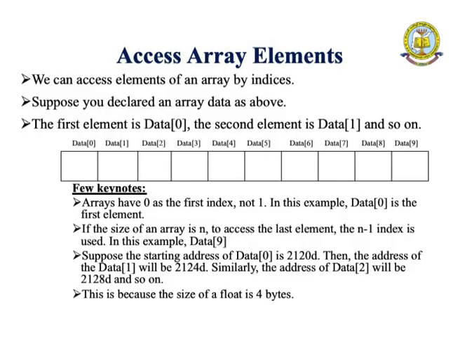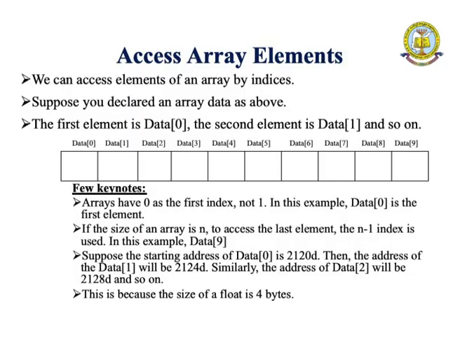If you declare the size of the array as n, the last element will be stored in the index number n minus 1. So, in this example data of 10, the first element is stored in index number 0, so the last element is stored in data of 9.